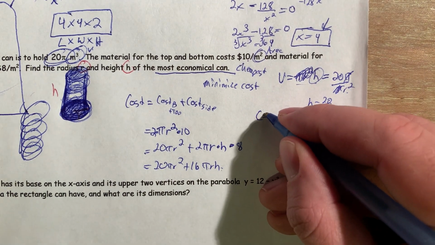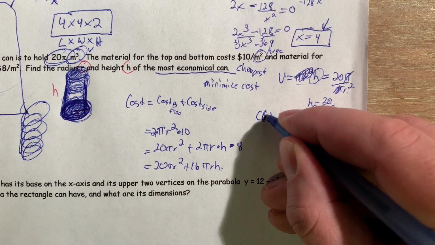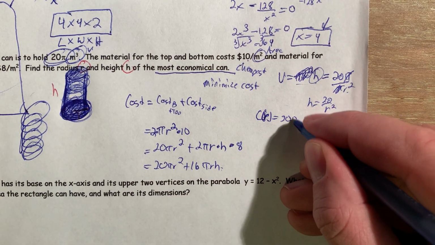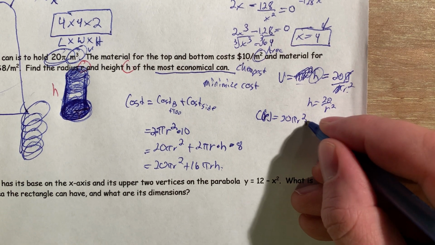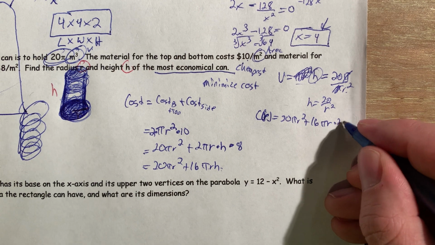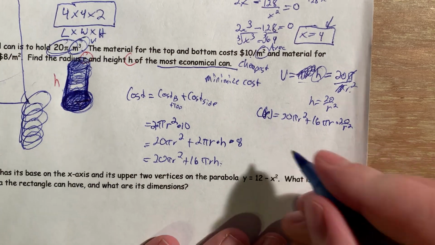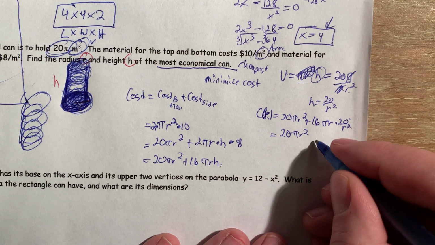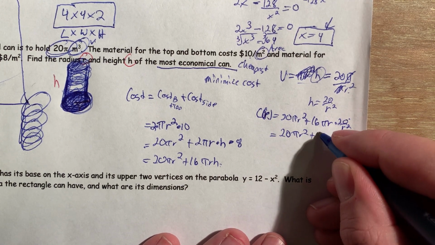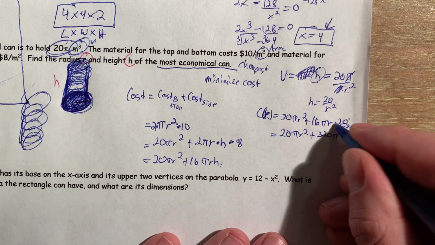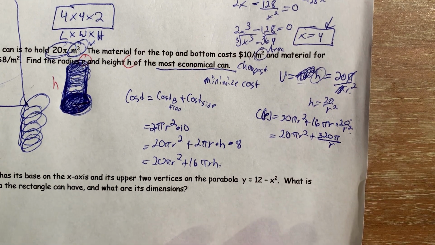I'm going to say c, just as a function of r, is going to be 20 pi r squared plus 16 pi r times h's 20 over r squared. So we can simplify a little bit. So 20 pi r squared, 16 times 20 is 320 pi, and one of the r's is going to cancel out, so pi over r.